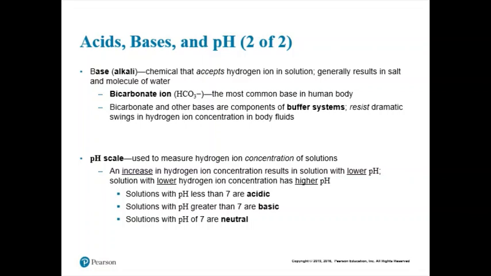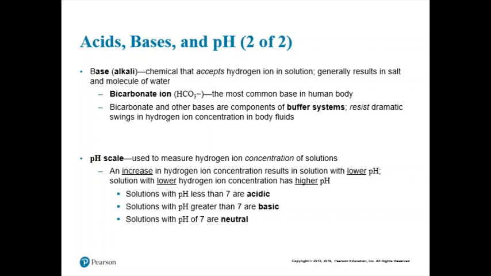That's why a pH greater than 7 is a base. On the other hand, if you have a pH less than 7, remember that's a low pH. What you're really saying is you have a high hydrogen ion concentration. That's why you're considered an acid if you have a low pH, because you're releasing lots of hydrogen ions, and that's what acids do.